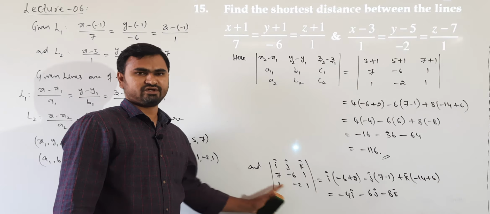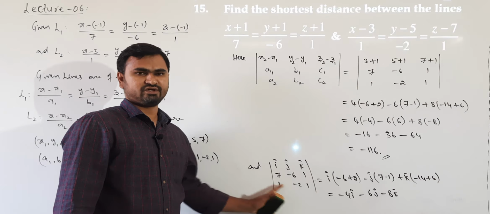So how can I get the distance? Numerator is minus 116 divided by denominator is root 116. As distance cannot be negative, we have to take a modulus. Okay. So what will be distance we can write? 116 by root 116. It is root of 116.